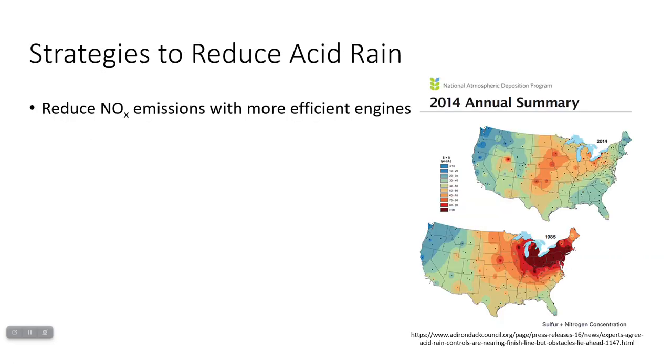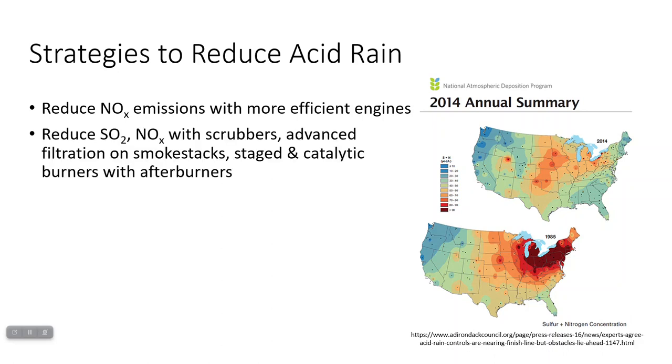So, how can we reduce acid rain? Well, one thing is make sure that there's lower nitrogen oxide emissions. So, that would be having more efficient automobile engines or reducing gasoline usage, reducing automobile usage, all those strategies that we've talked about with how you reduce air pollution.